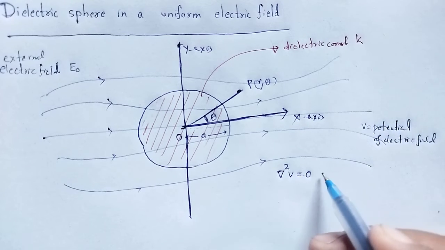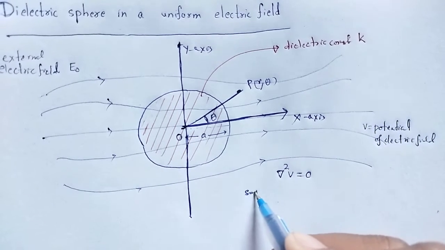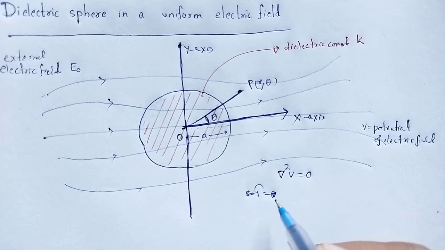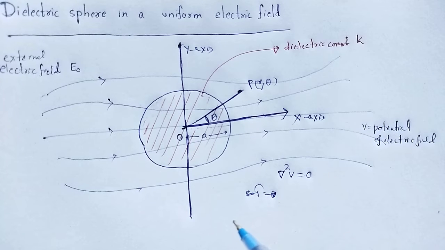And the general solution of this type of Laplace equation in spherical polar coordinates, we have to consider the potential independent of phi.